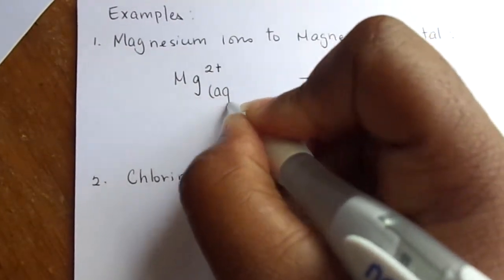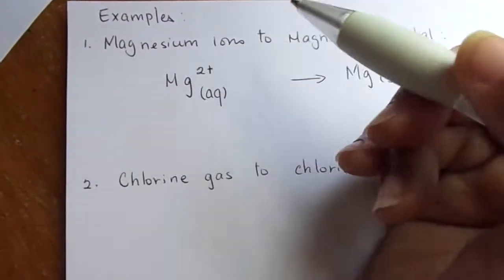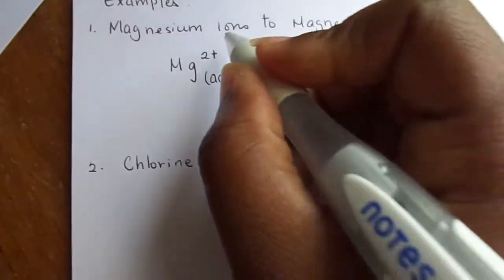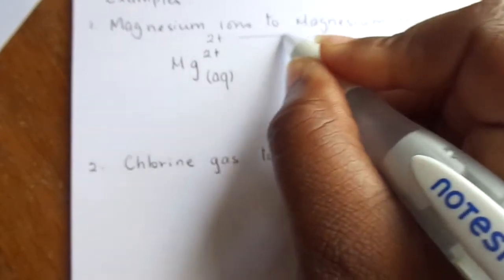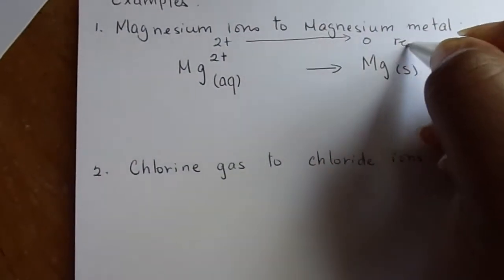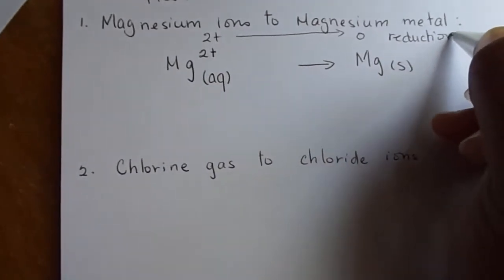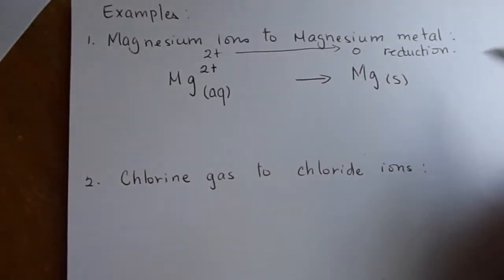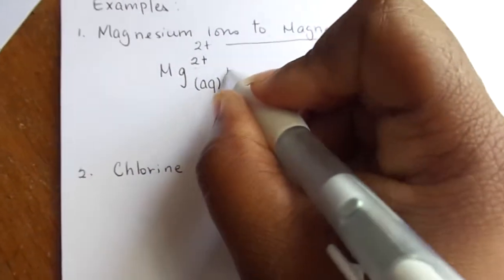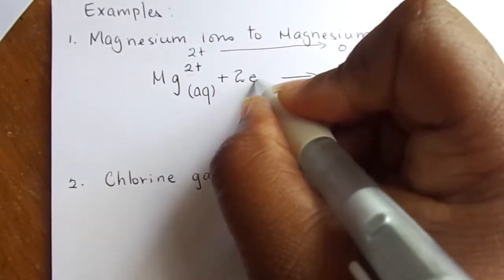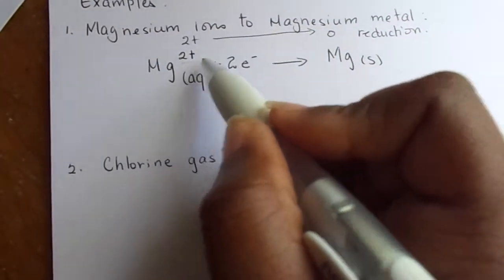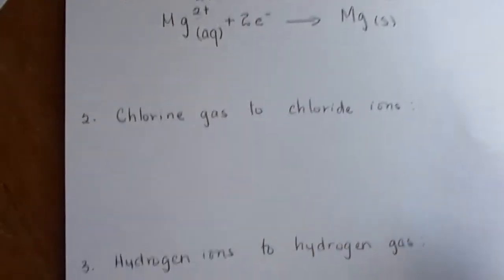The magnesium is aqueous when it is in its ion state. So we have gone from 2+ to a state of 0, meaning that reduction has occurred. And since reduction is a gain of electrons, we know we have gained 2 electrons. Once you have that plus sign, you know you have a plus here, so you're good to go.